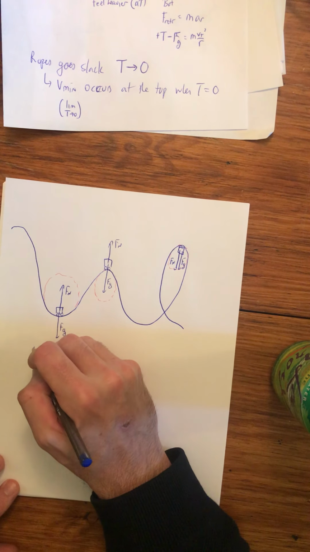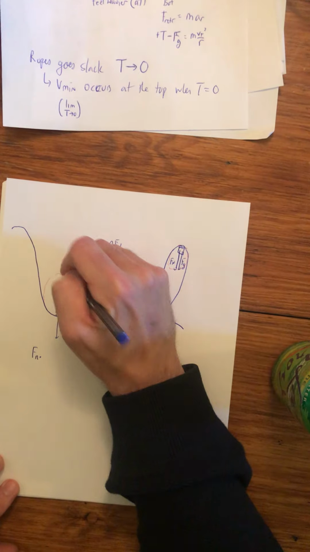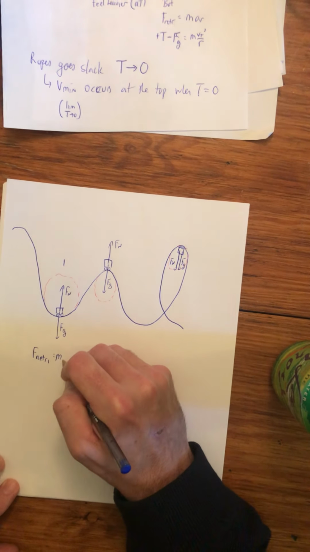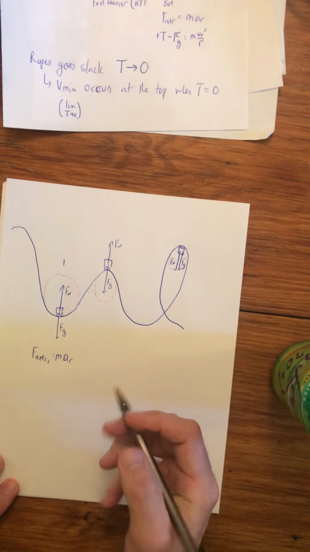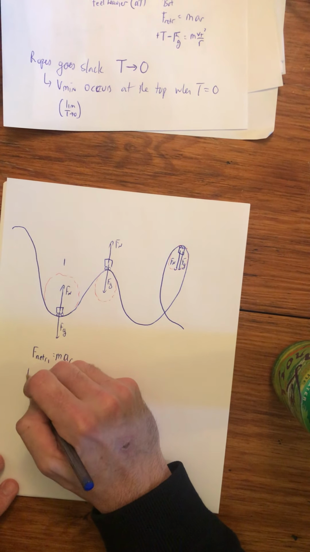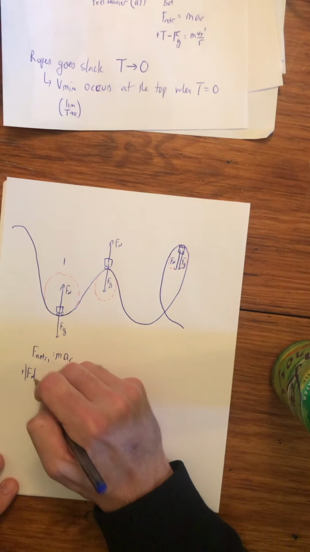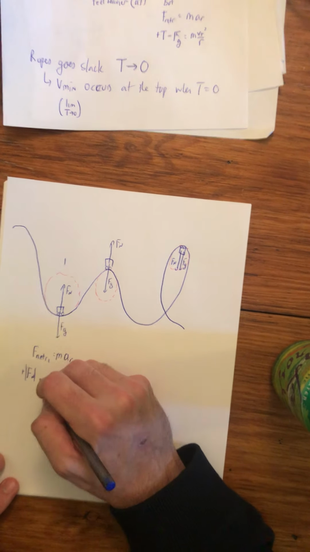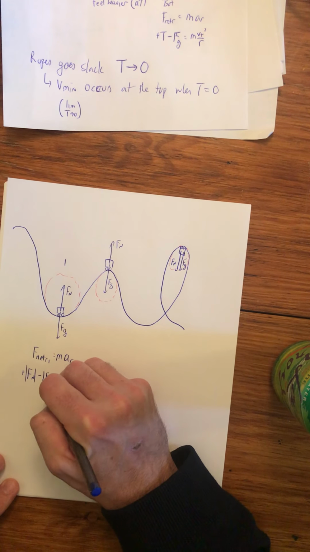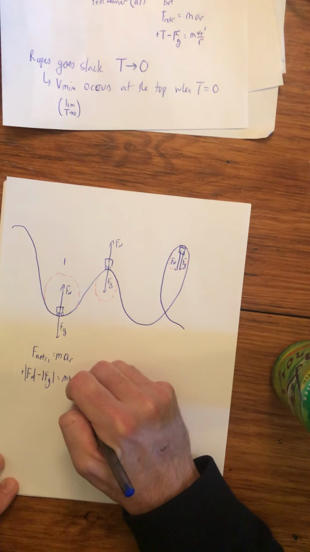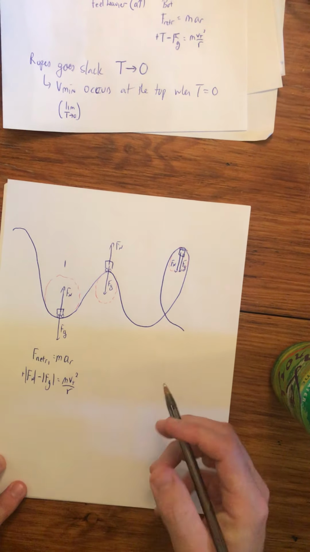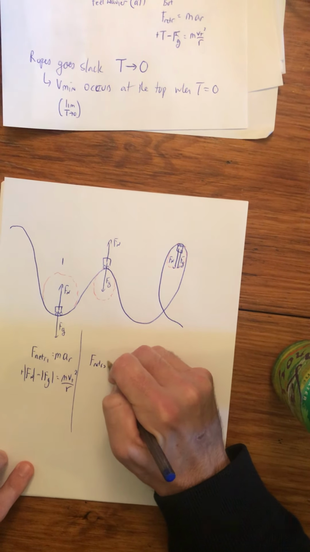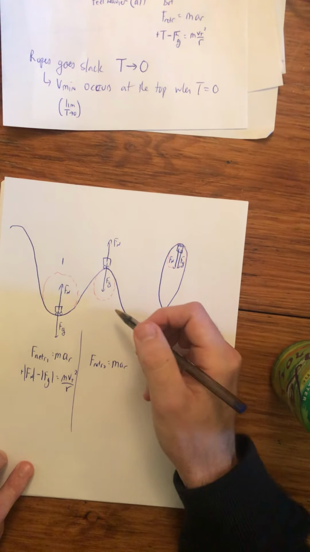Inwards is always positive. So if this is position 1, F net R at position 1 is equal to m a_R. That would be inwards, which is positive Fn, minus outwards, which is the force of gravity, equals m v_t squared over r. I should have been doing magnitudes around all those before, excuse me. At position 2, F net R2 is equal to m a_R.